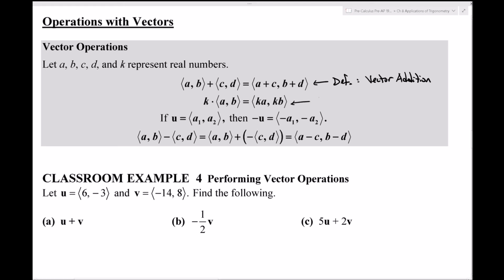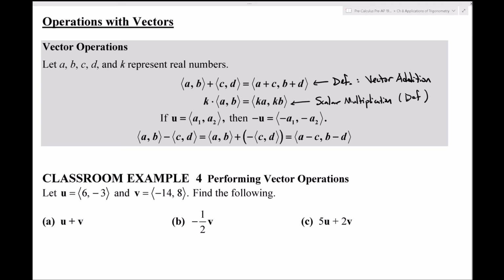This one is scalar multiplication, and it works the same way in the geometrical system that we saw in the previous section. So that's also a definition. Those are the two operations that we define in order to make the coordinate plane what we call a vector space in higher level mathematics.